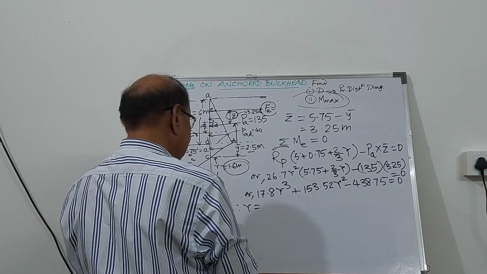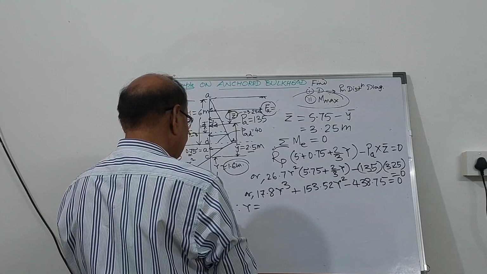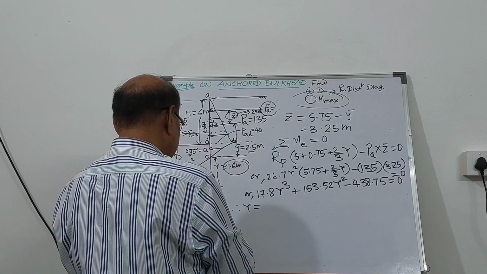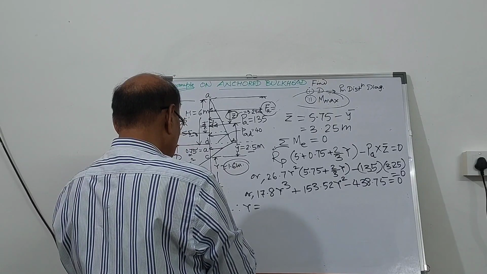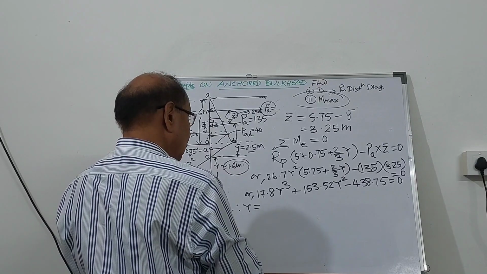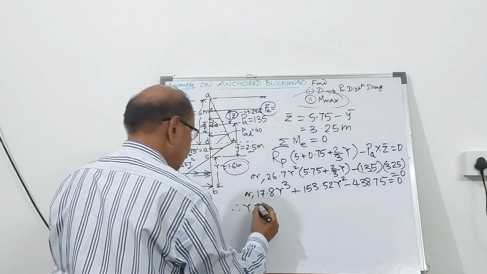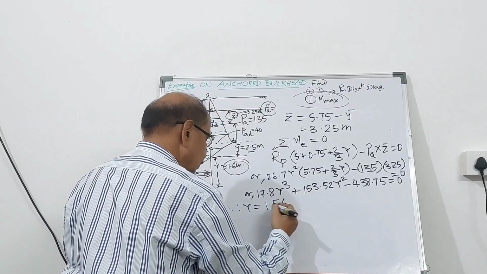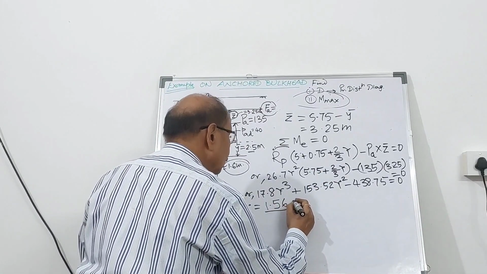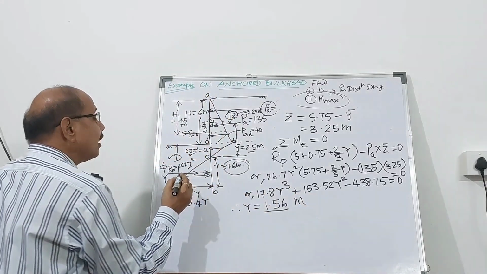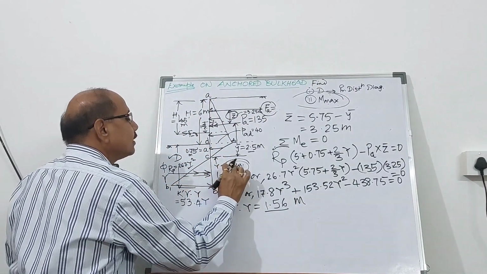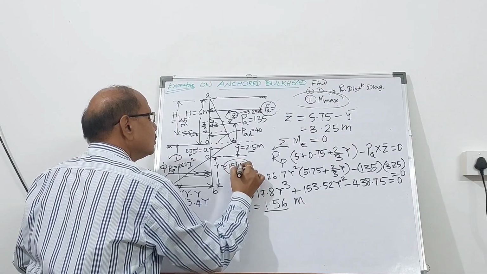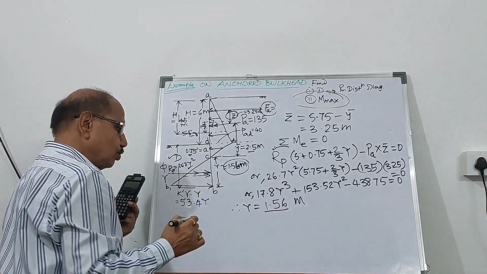And the value of D here is 438.75 with negative sign. And therefore, the value of y we are getting as 1.56 meter. So y is known to you.